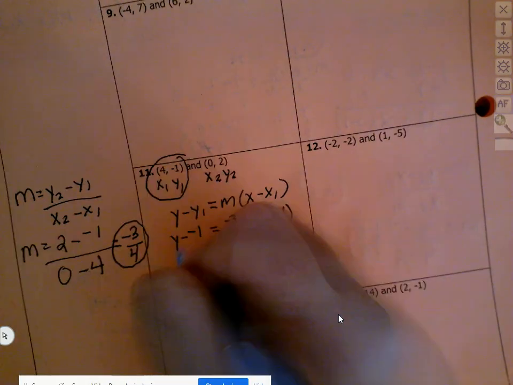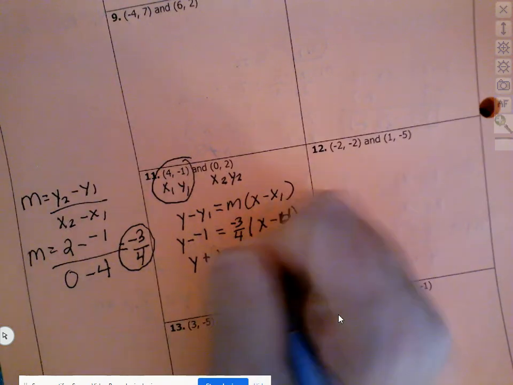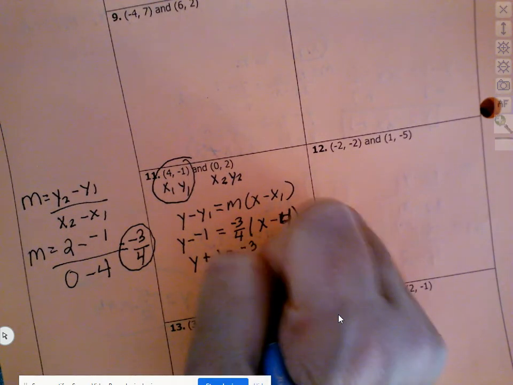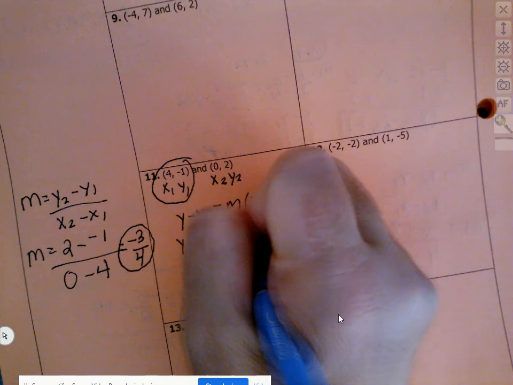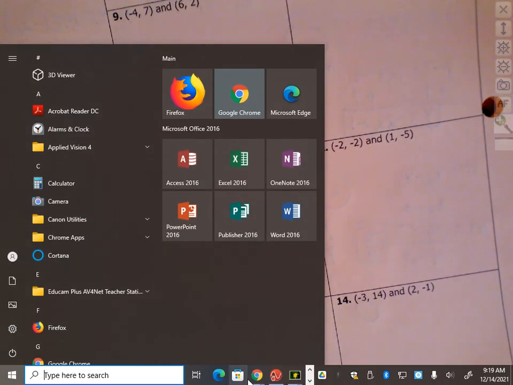Now we know y minus a negative 1 is y plus 1, which is equal to negative 3/4 x when we distribute, and then we do negative 3/4 times negative 4.